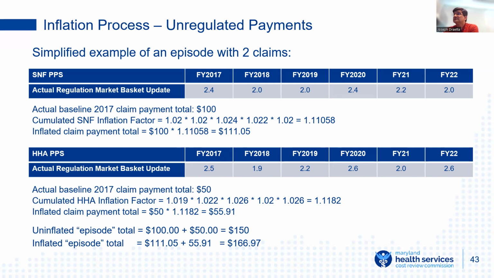Accrue the inflation over each of those periods, and you'll see that the total claim payment total comes out to the top line amount that comes out, and across the entire episode, it'll be a mix of those inflation factors depending on the mix of services that got accrued into that episode. Next slide, please.